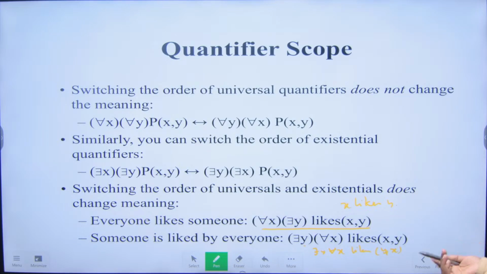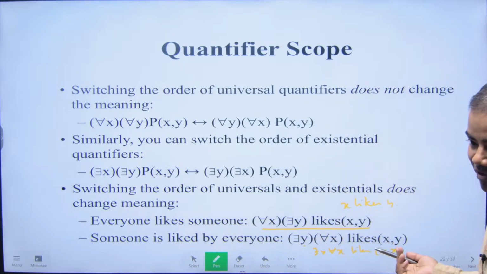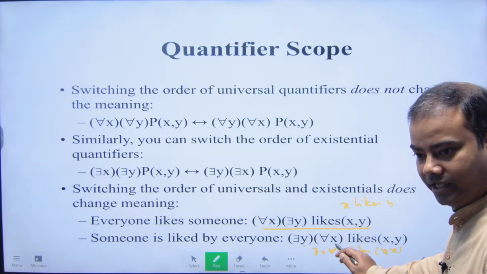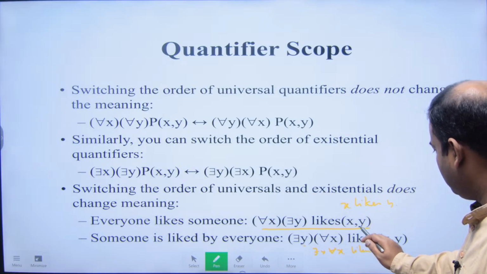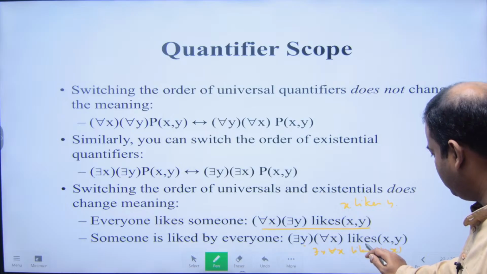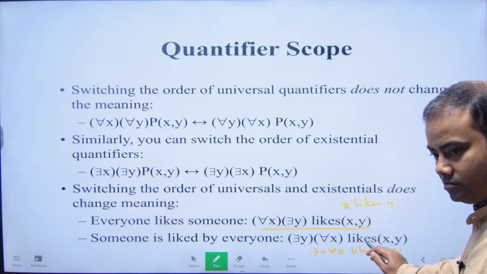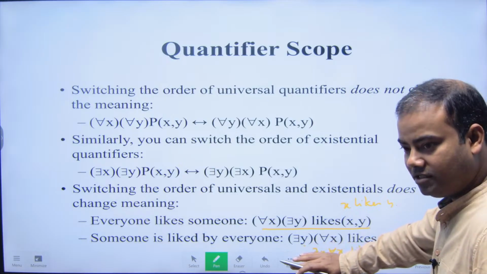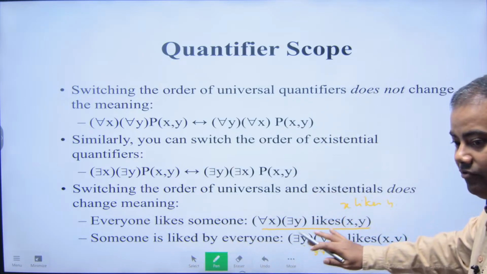And if it is L(x,y), here it is written someone is liked by everyone. There is for all x, so what will be the sentence if we change it? This statement is: someone is liked by everyone. Why?